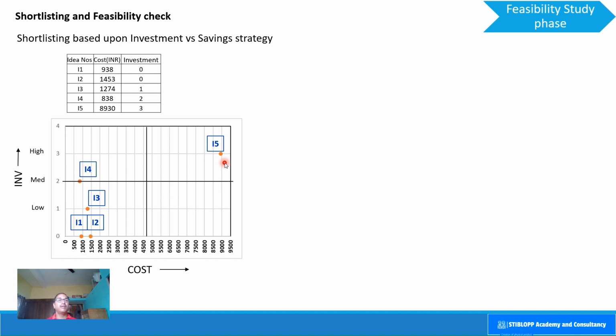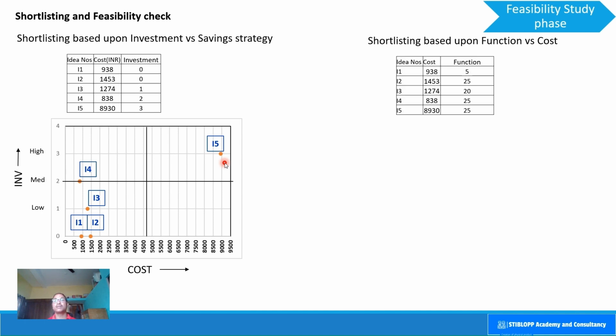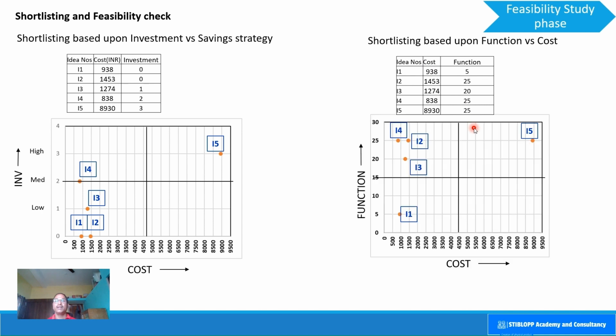The next level of the feasibility check that we do here is comparing with respect to function versus cost. Cost is here and the function is here, and I have arrived at the same graph. Idea 1, if you look, the cost is pretty low, no doubt about that, but the function gets reduced.